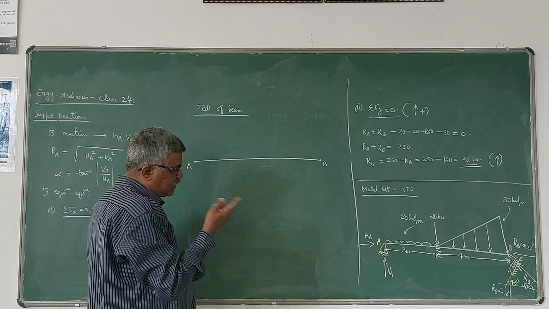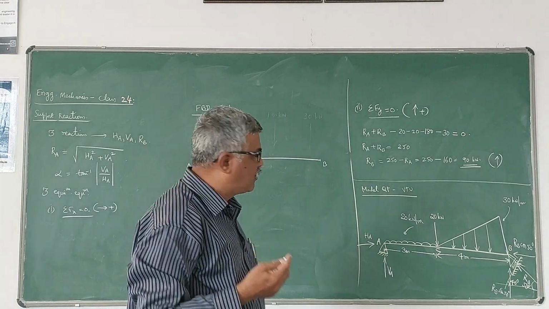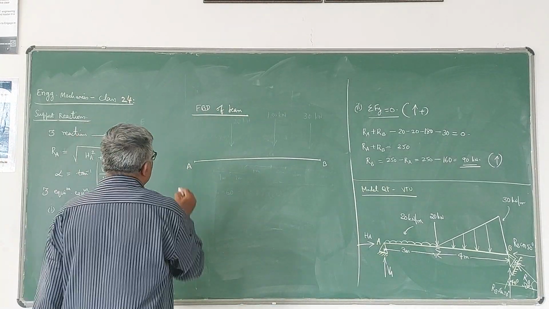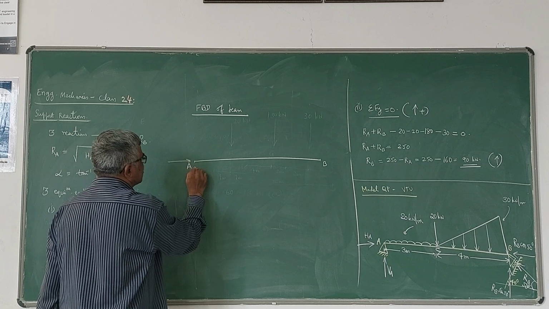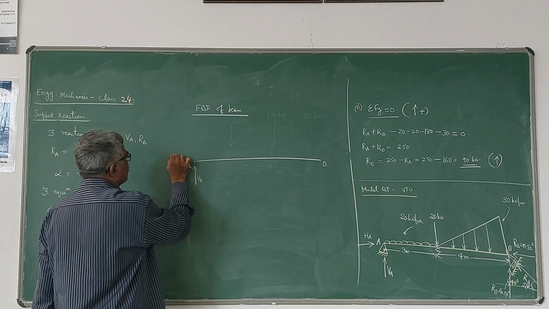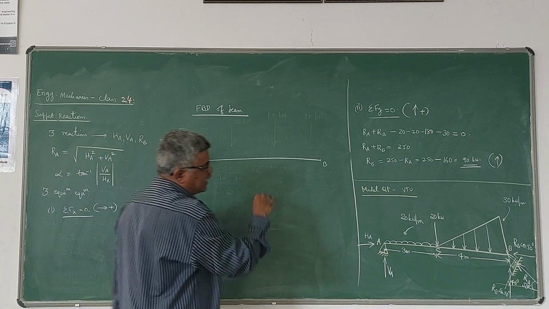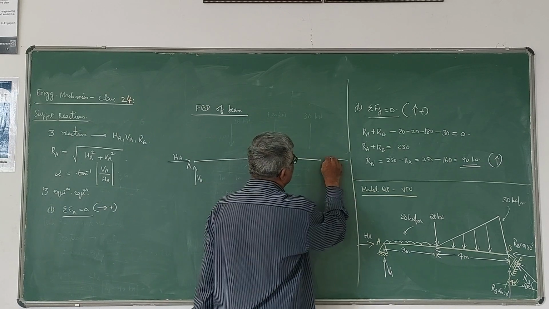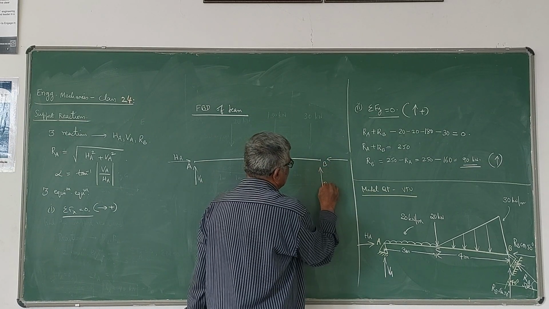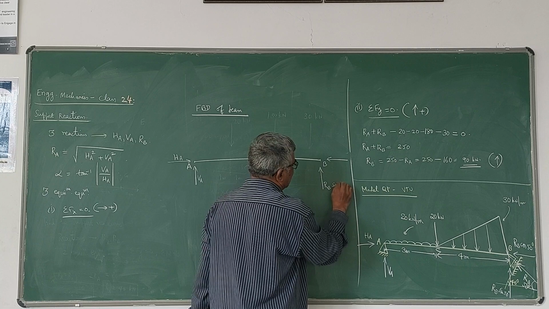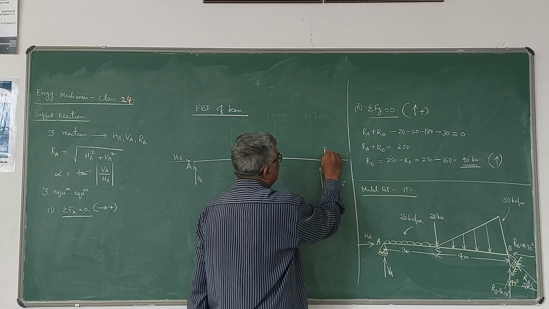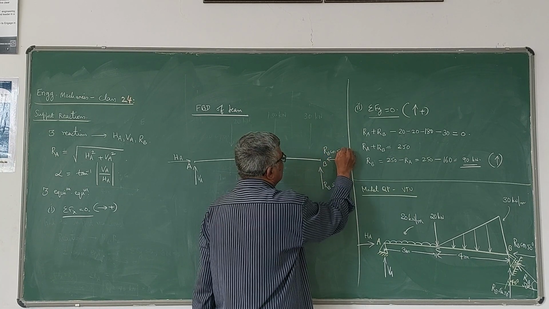We have to convert the UDL and the triangular load into equivalent concentrated loads. At A you have two reactions, like this. At B I will take the resolved components of the reaction: RB sin 50 as the vertical reaction and RB cos 50 as the horizontal reaction.